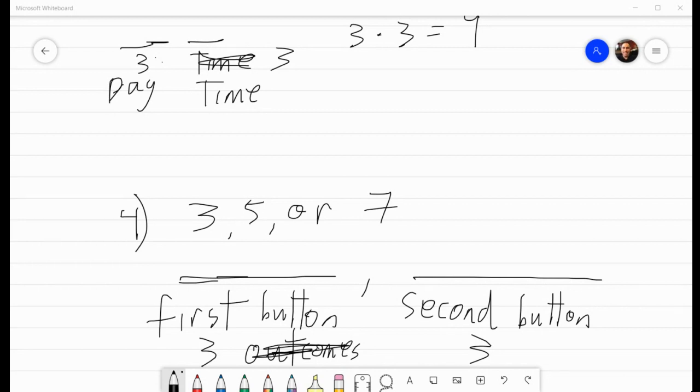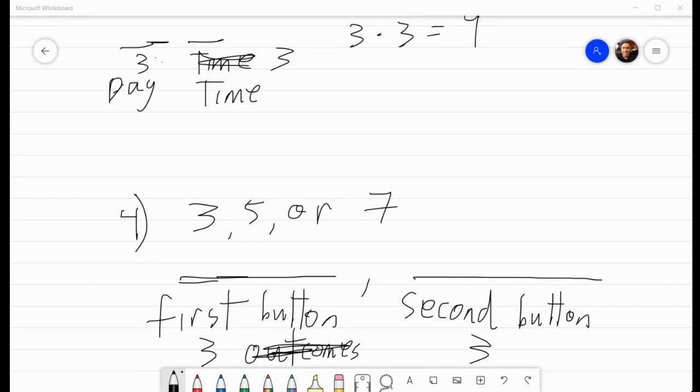Most people are saying, yeah. All right, so we have 9 outcomes.